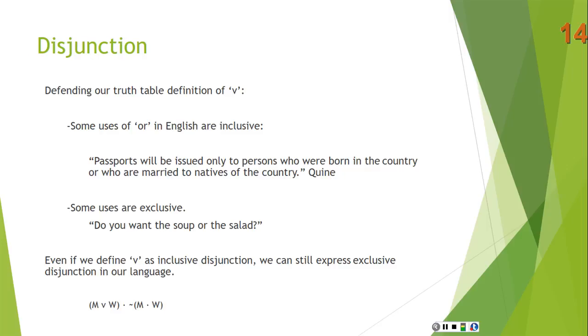The only other option would be to say, well, I want both, and I'll pay the extra it takes to get both. So if a meal comes with a soup or a salad, they're offering you one or the other and not both, unless you pay more. So that is an exclusive use of the or there, whereas the top one is inclusive.